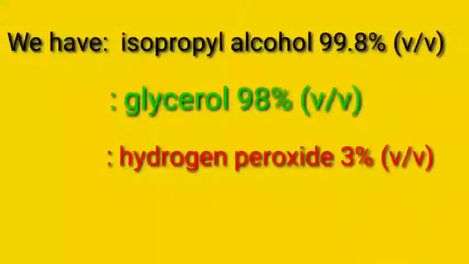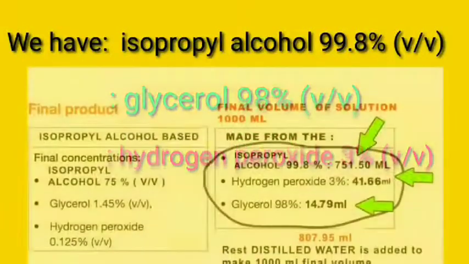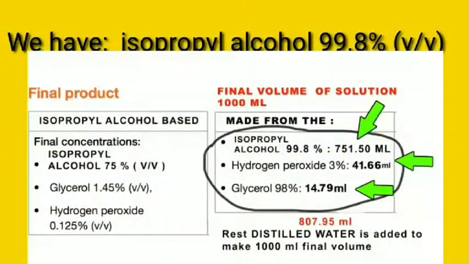By calculating the WHO recommended volume we need to mix for the preparation of 1000 ml of hand sanitizer based on isopropyl alcohol, if isopropyl alcohol percentage is 99.8%, we need 751.50 ml, hydrogen peroxide 41.6 ml if 3% is available.